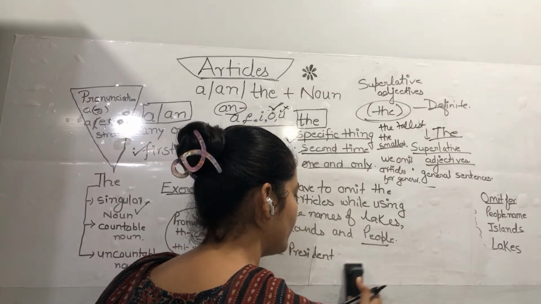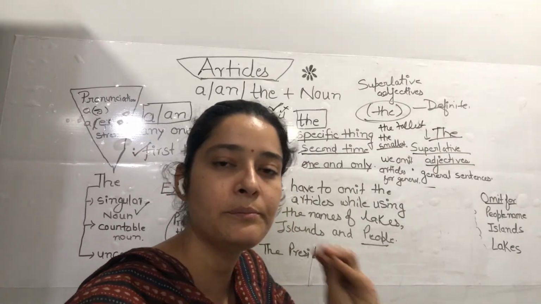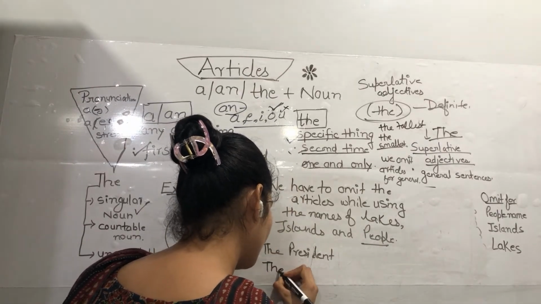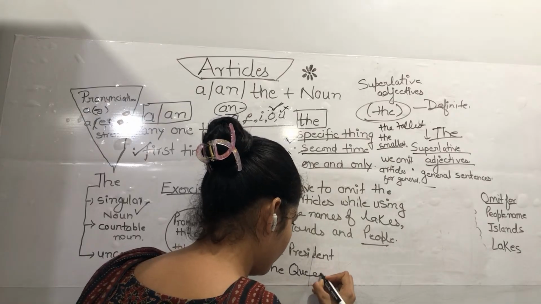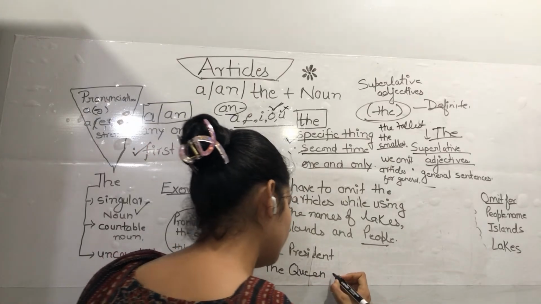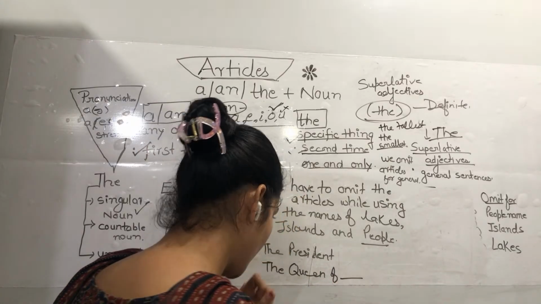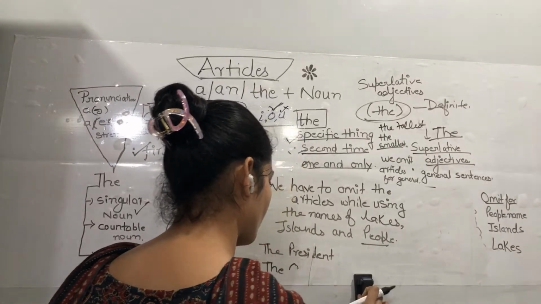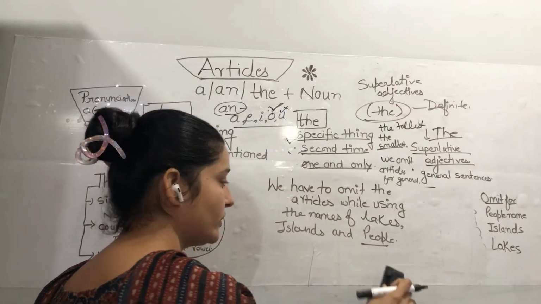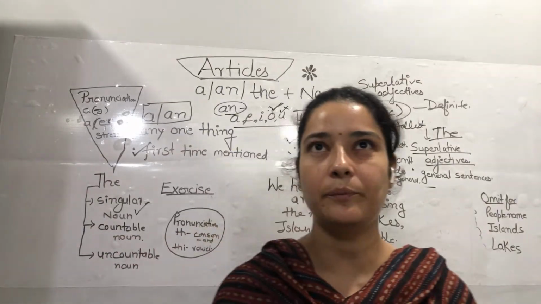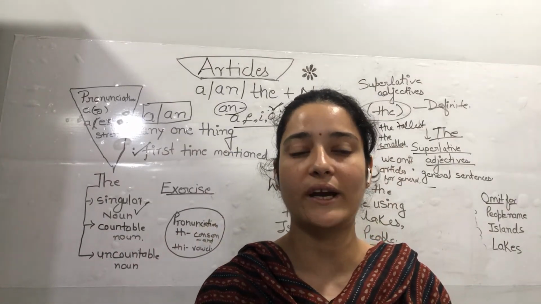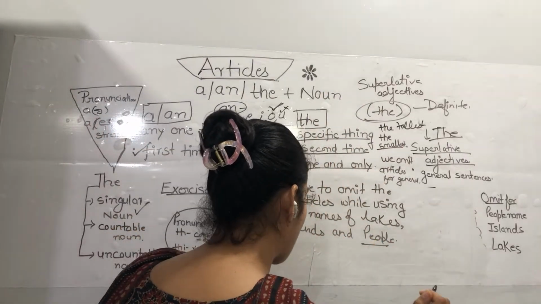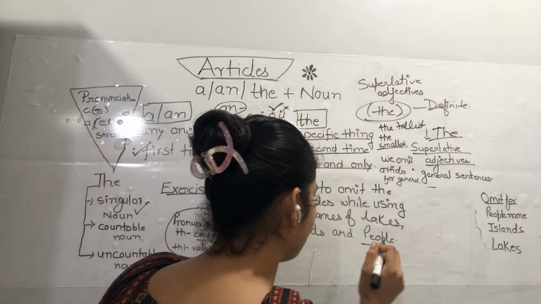Because we can't use the before the name of any person. The queen, the president, why? Because it is the uniqueness of that thing. Maybe that president is of India, so there is only one president. That's why the.